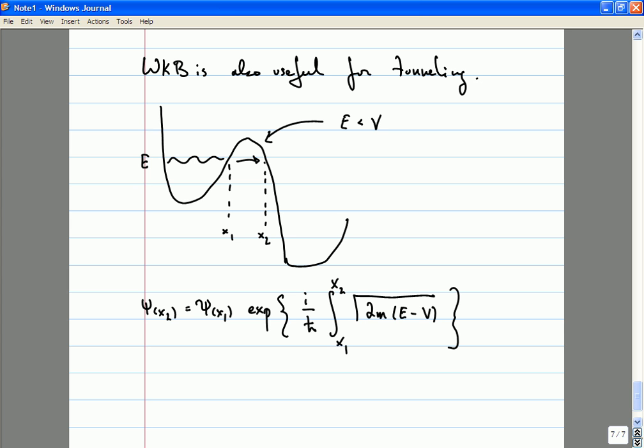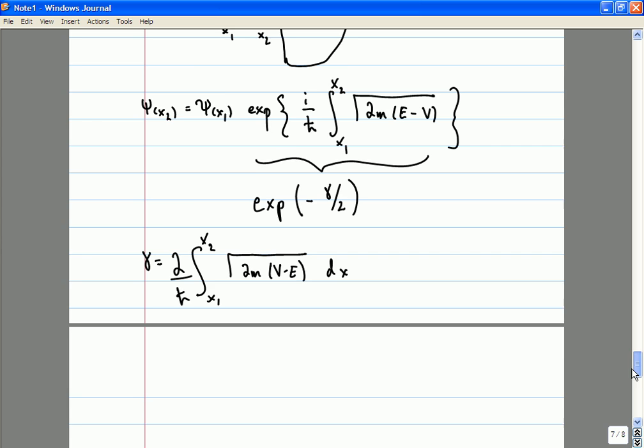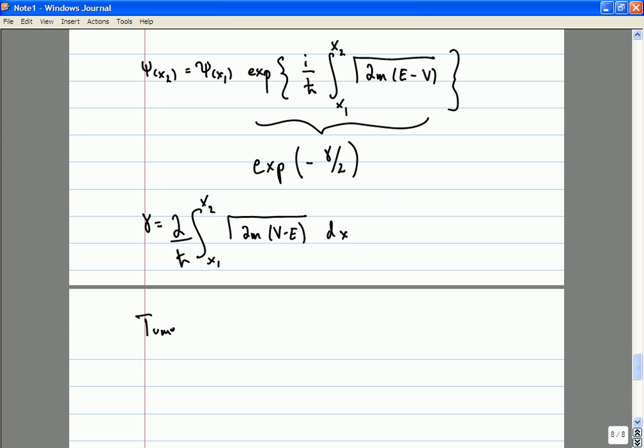And so this is some factor that I'll call e to the minus gamma over 2, where gamma is 2 over h bar times the integral from x1 up to x2 of the square root of 2m, now times V minus E, in order to make it positive. And so the tunneling probability is the square of the wave function, so that would go like e to the minus gamma.